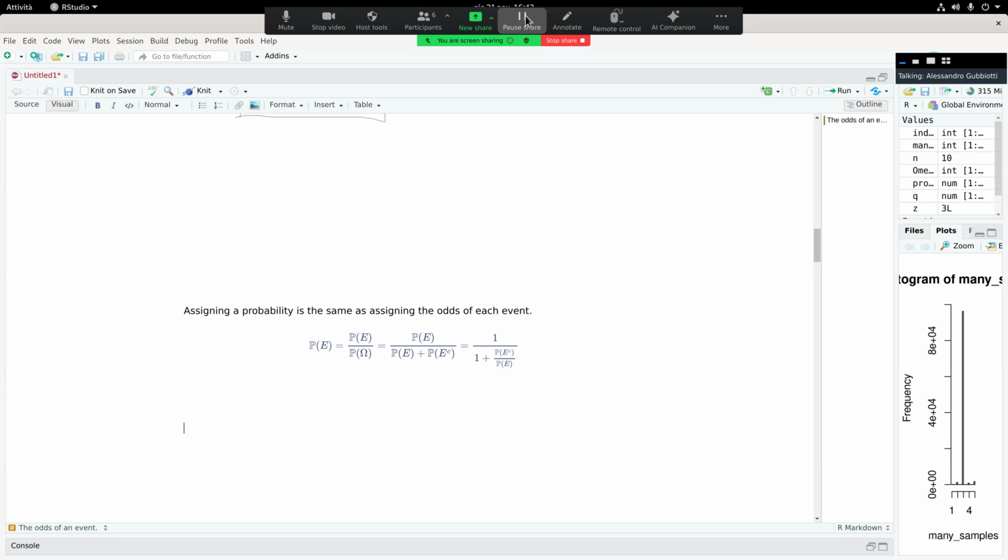Which was a judicial case, a tricky example, because there was an event A, let's call it A, which is that a woman has been killed.